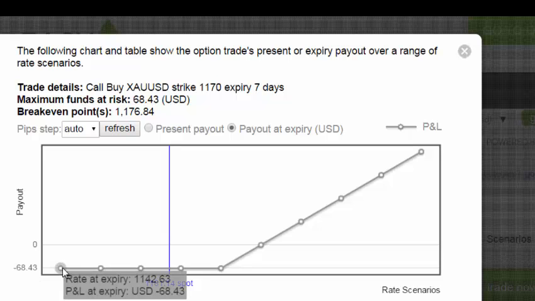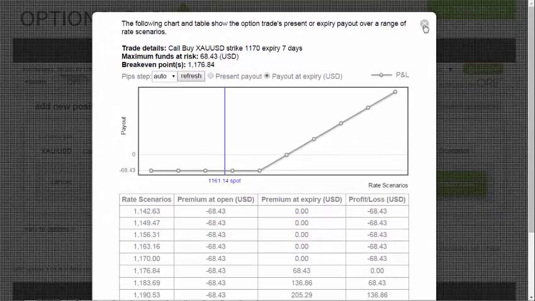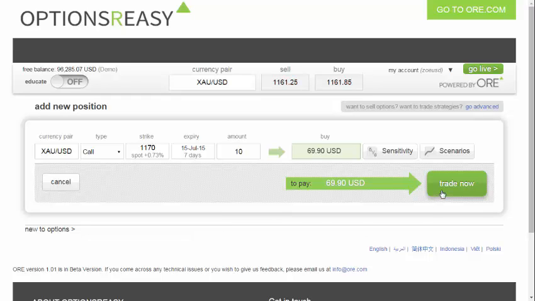And no matter how low the price of gold moves, you will not be stopped out. So it means that gold could fall before it rises and you would still be in the position to make a potential profit. If you are happy with the trade, close the scenario tool and click Trade Now.